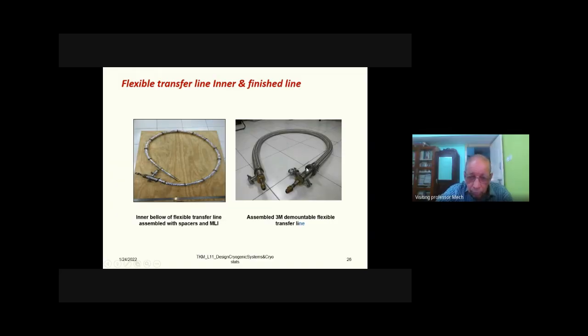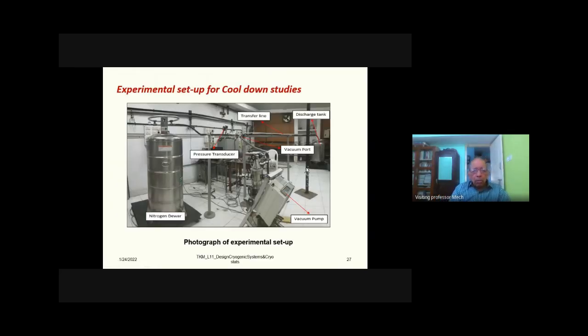Now, normally after fabrication of the transfer line and the interspace evacuation, etc., you need to perform experiments to find out the performance of the transfer lines. Okay, what about its cool down, how much liquid it is able to deliver, etc. So for this, you require a dedicated experimental setup. You have a supply storage dewar and the receiver storage dewar, and the transfer line is mounted in between.